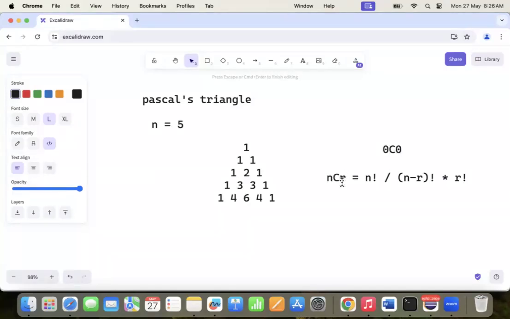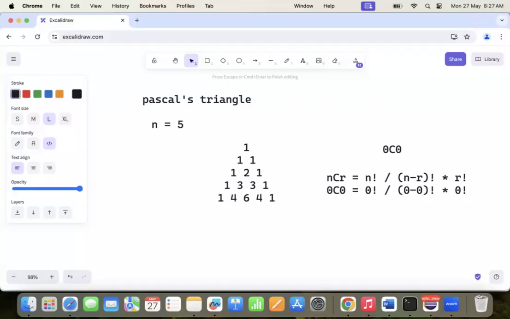Now 0C0 equals 0 factorial divided by 0 minus 0 factorial into 0 factorial. Could you get this point, folks?